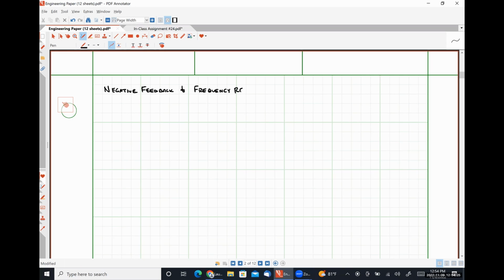Frequency response. Okay. All right. So in order to use an op-amp circuit for its intended purpose of linearly amplifying signals, in all of our previous experience dealing with op-amp integrated circuits, what have we done?